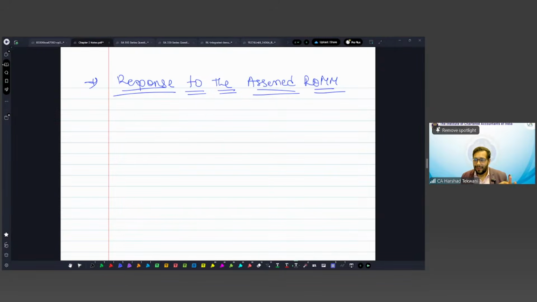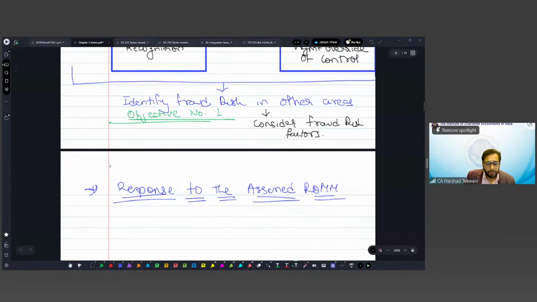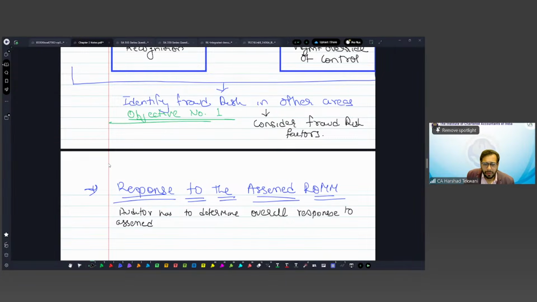I will say that the auditor has to determine the overall response to the assessed risk of material misstatement due to fraud as per SA 330.